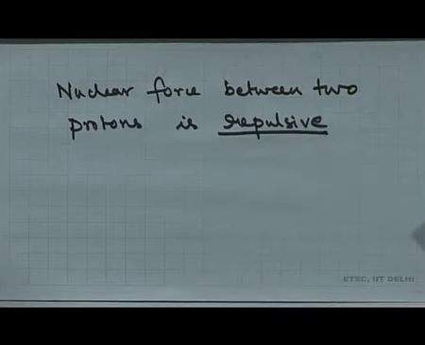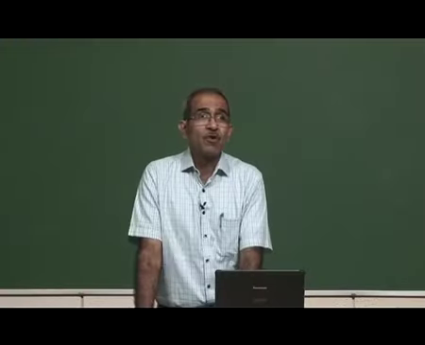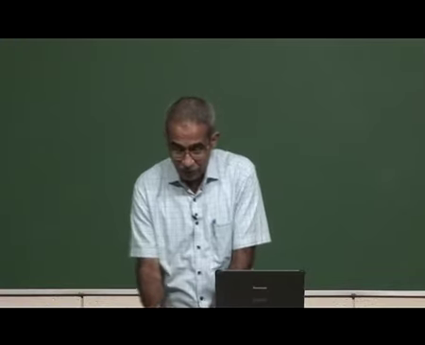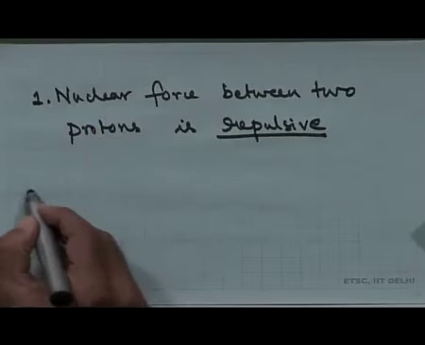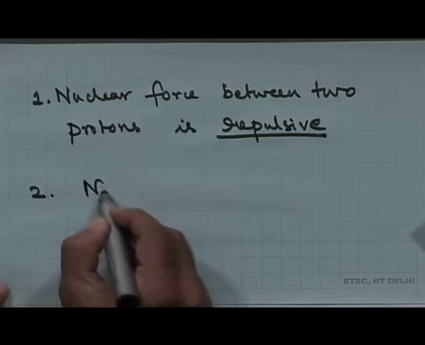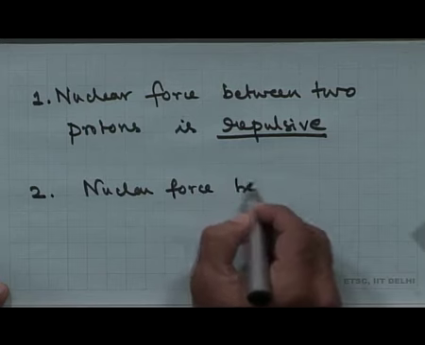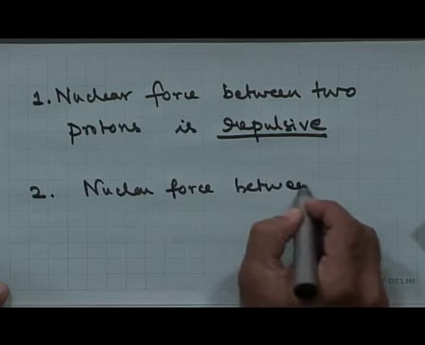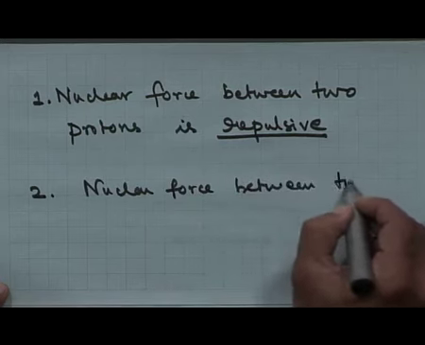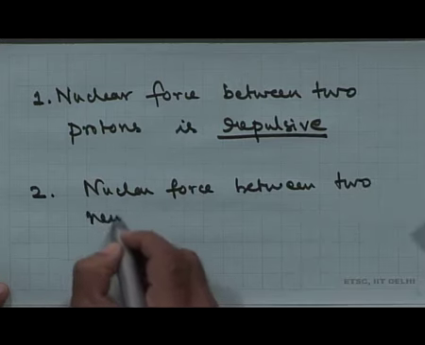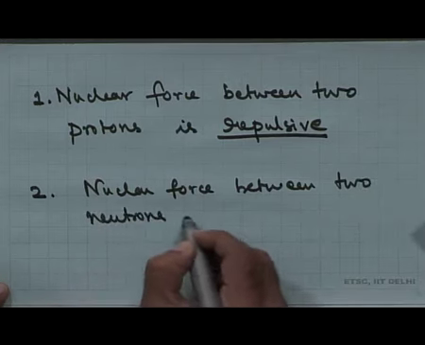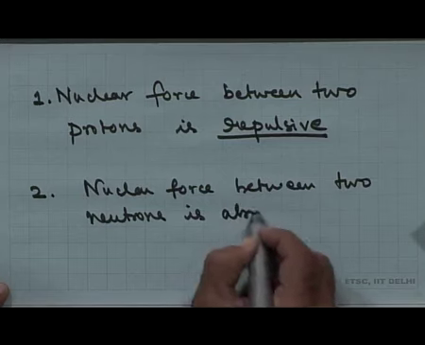The nuclear force between two protons is always repulsive, just as the electromagnetic force between any two protons is repulsive, number 1. Similarly, the nuclear force between two neutrons is also repulsive.